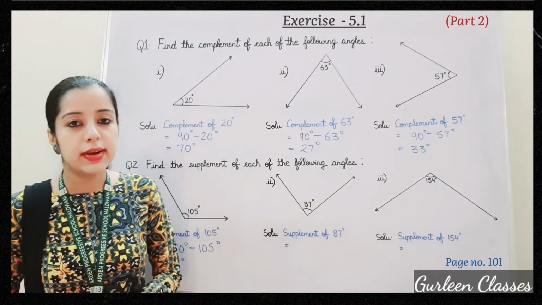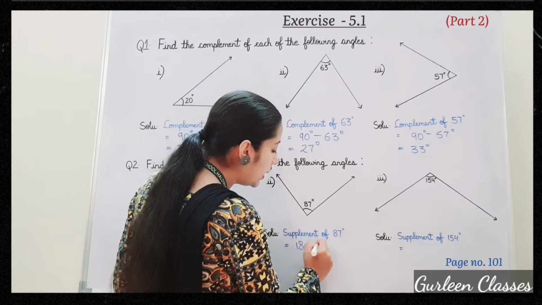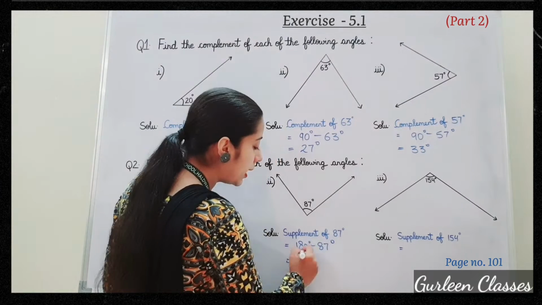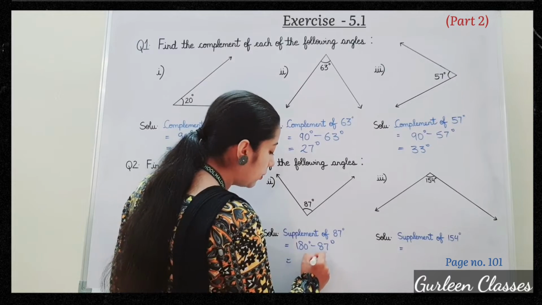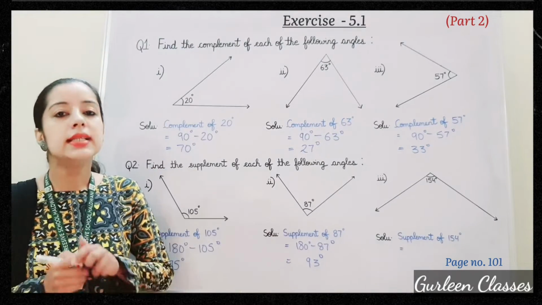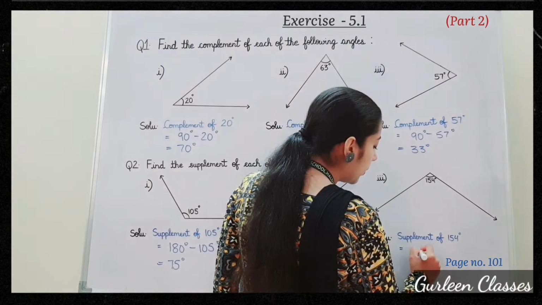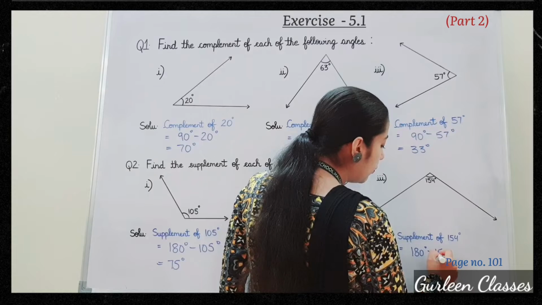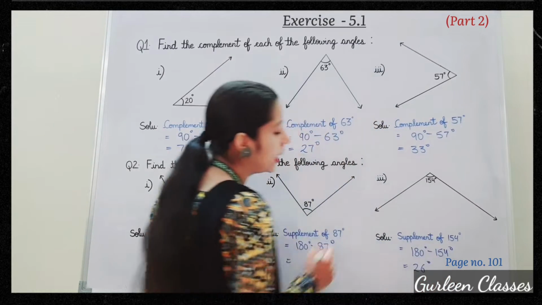Supplement of 87 degrees. Subtract 180 degrees minus 87 degrees. 10 minus 7 is 3, then 7, it will be 93 degrees. Third part, 154 degrees. Supplement of 154 degrees. 180 degrees minus 154 degrees. So the answer is 26 degrees.